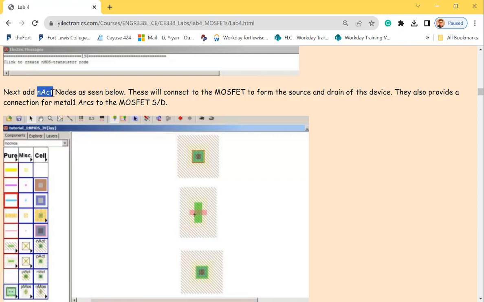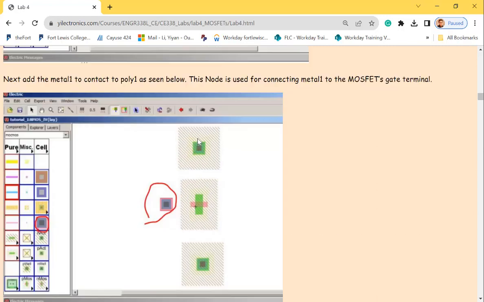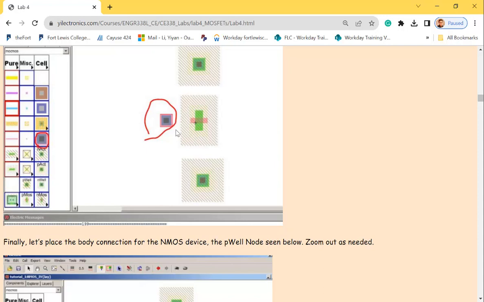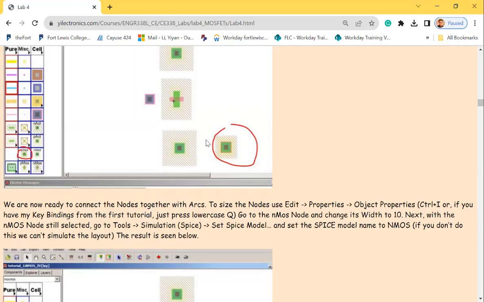The name of the N plus is N act. So put an N act here, another N act here. And then you have to make the connection to it. Before that, you grab a polysilicon to metal one via, and eventually, so it's a P well. So I was right. So put a P well here as a P contact, which is the P plus in the P substrate.